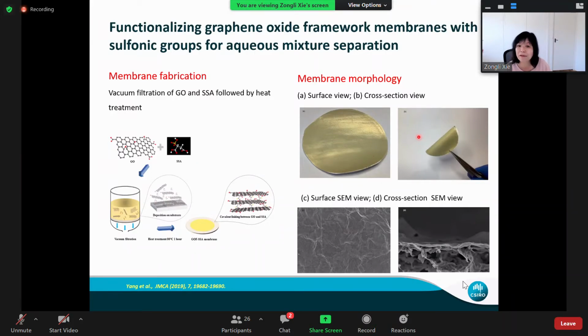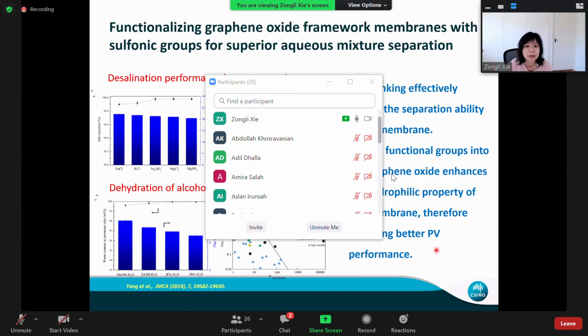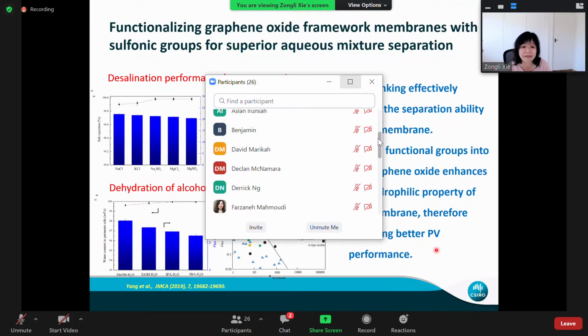We have learned, using sulfosuccinic acid, we really just want to see how we can form a thin film layer, and also form a flexible graphene oxide framework to be able to achieve efficient separation.